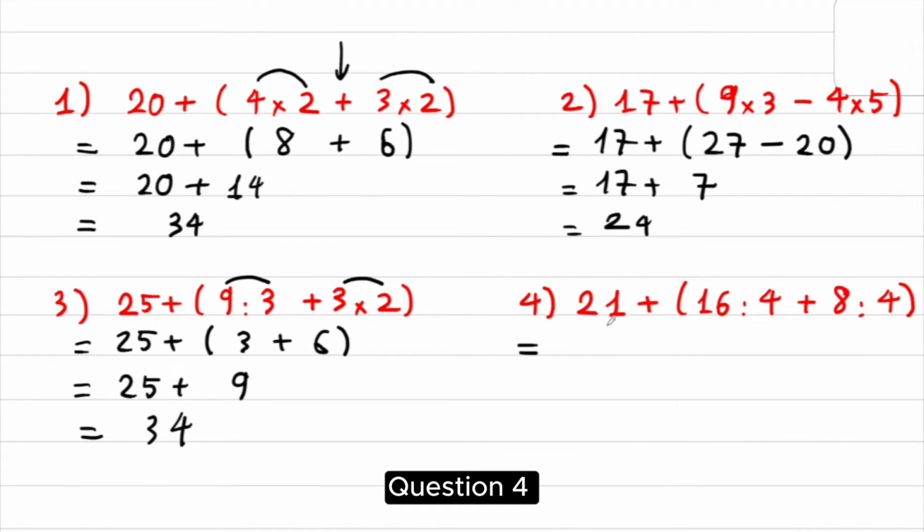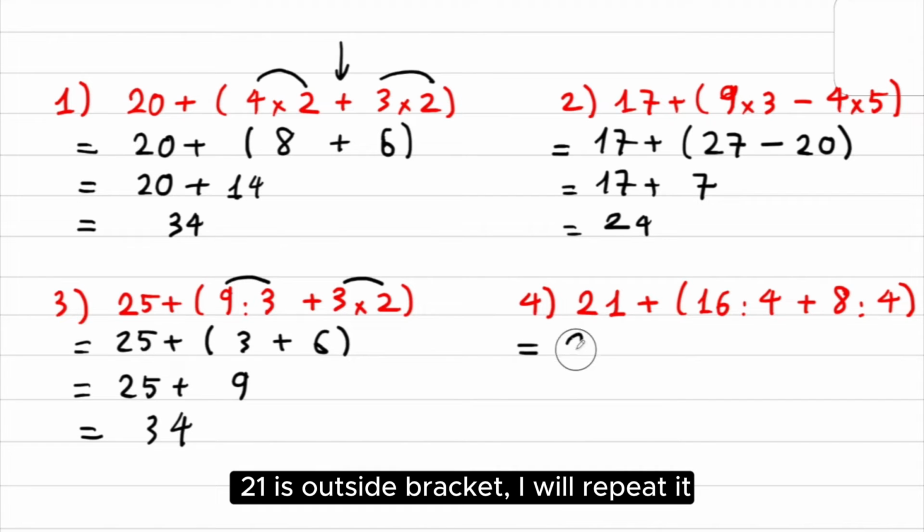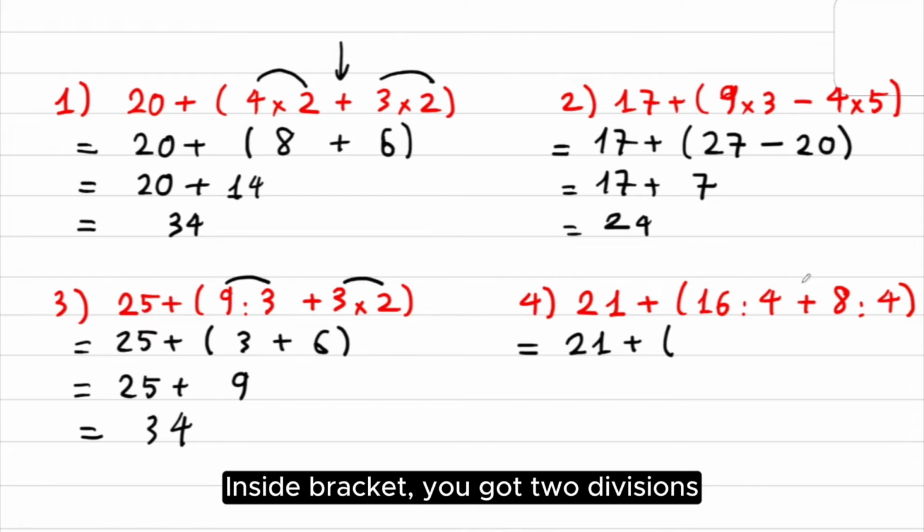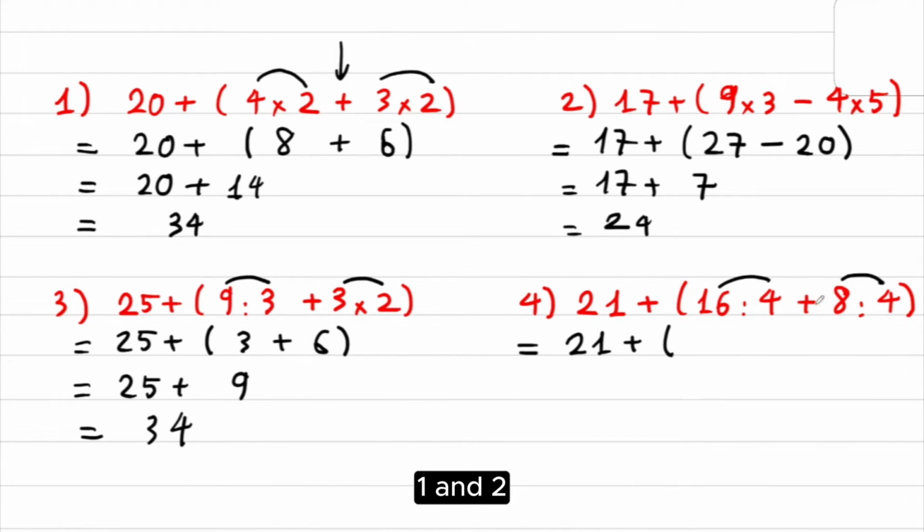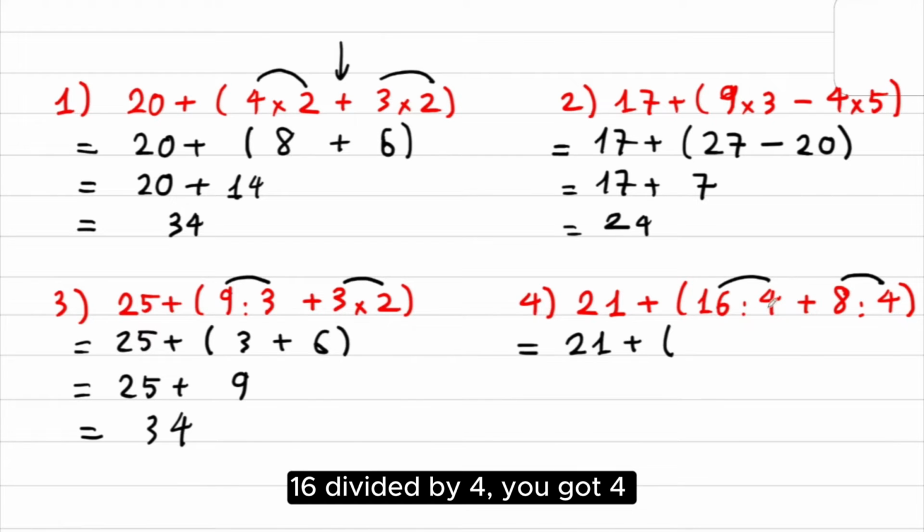Question 4. 21 is outside the bracket, I will repeat it. Inside the bracket, you have two divisions, 1 and 2. Between them, you have addition, so one by one. 16 divided by 4, you get 4. Plus 8 divided by 4, you get 2.